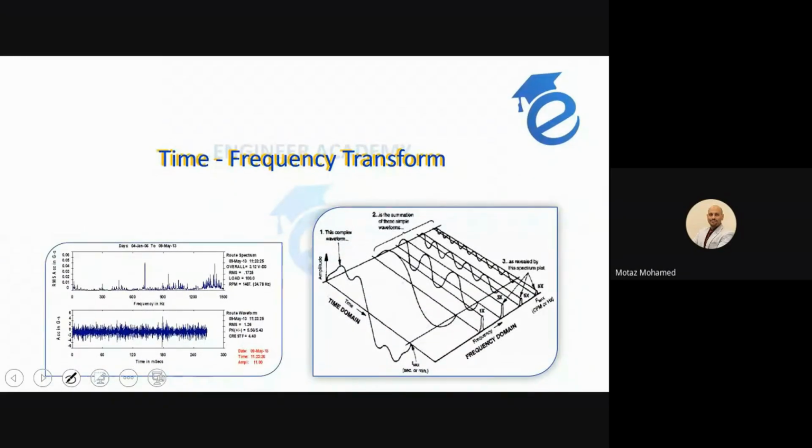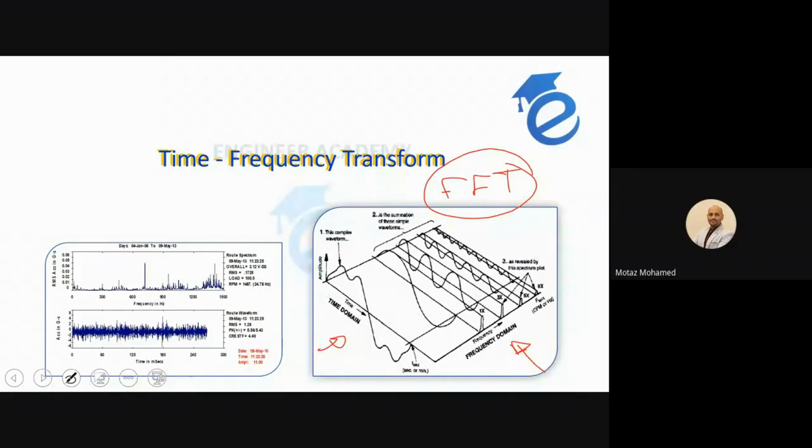Transferring the time waveform to a spectrum is very mandatory, very important, through what we call FFT, or fast Fourier transform. This way, we can simplify the analysis and the vibration visualization.